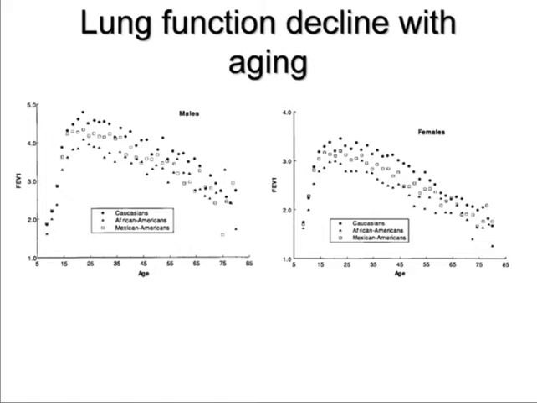There is a subsequent steady deterioration in lung function. An important conclusion from this study is that if one starts out with less than optimal peak lung function, the likelihood of developing symptoms of aging-related respiratory impairment is increased.